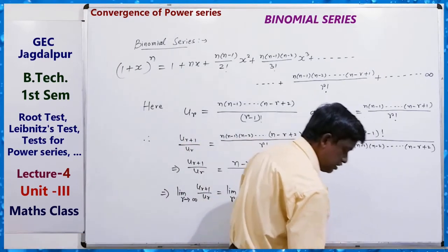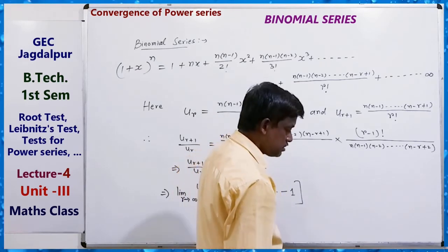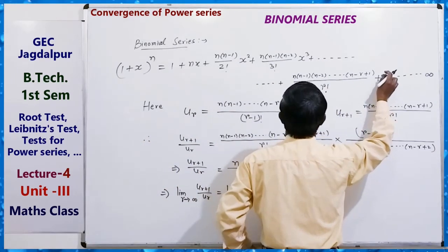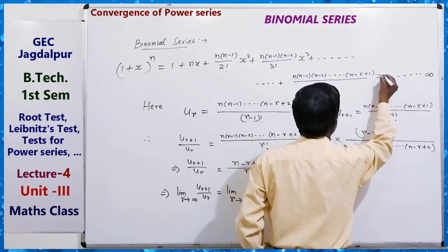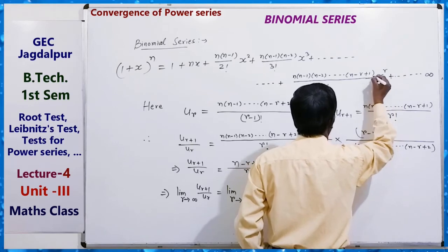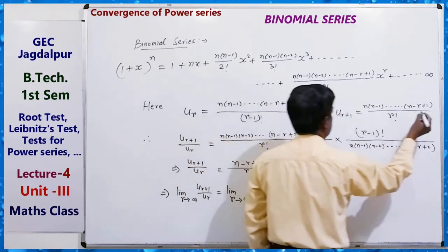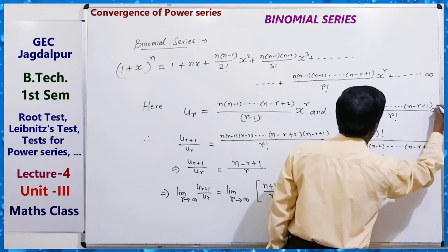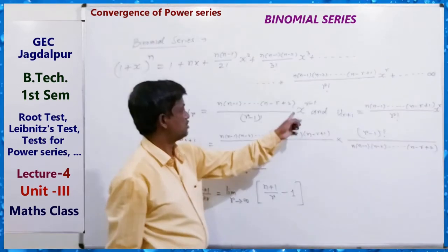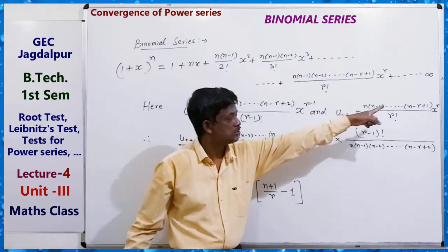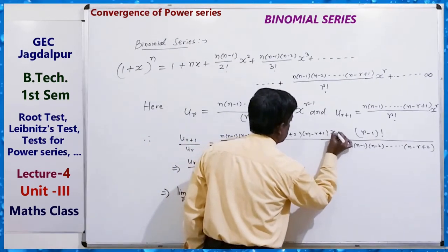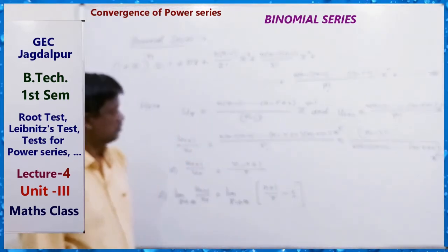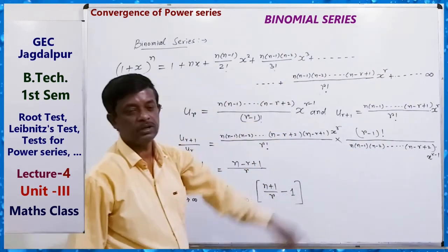Also x is involved here: u r has x to the power r, and u r plus 1 has x to the power r plus 1, so x to the power r cancels and x goes to the upper side.